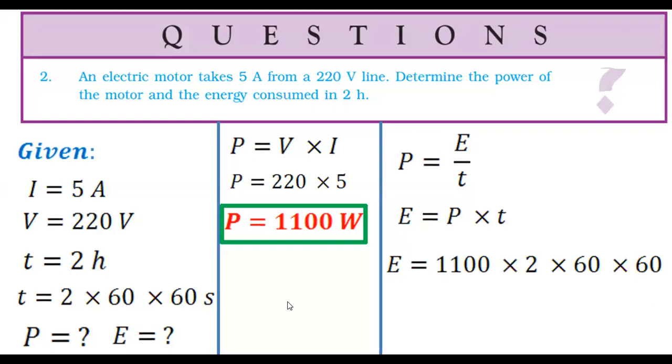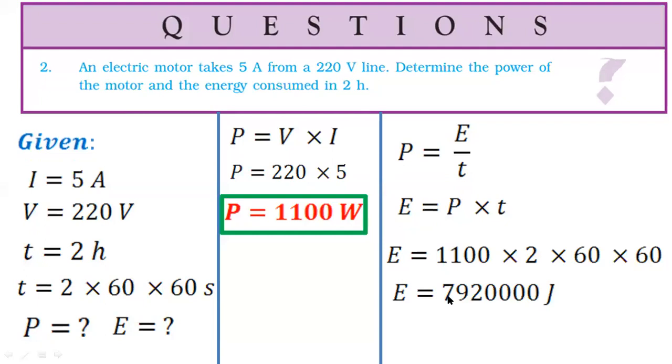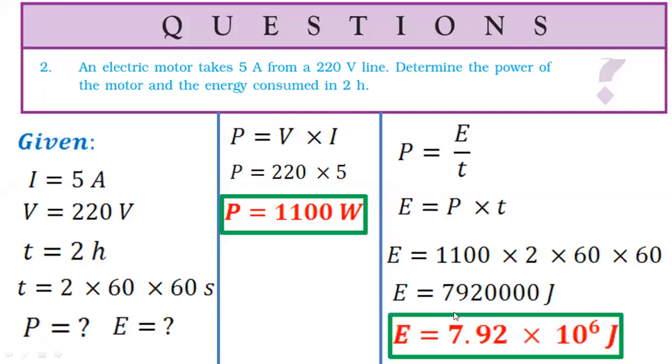Some students are missing those zeros. Some are giving answers in the range of 132,000. Why so many variations? It's a simple calculation. Okay. Let me show you the final answer. 792,000. That means it should be 7.92 into 10 to the power 6.